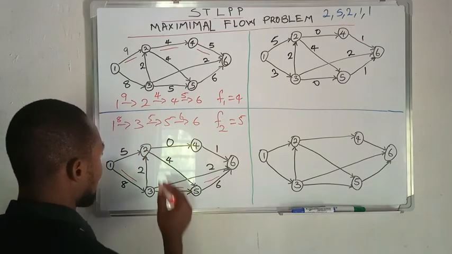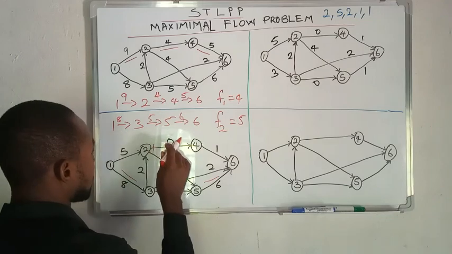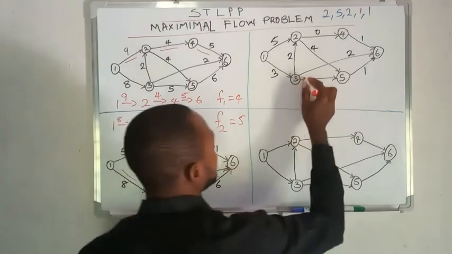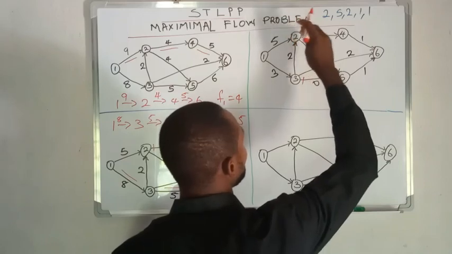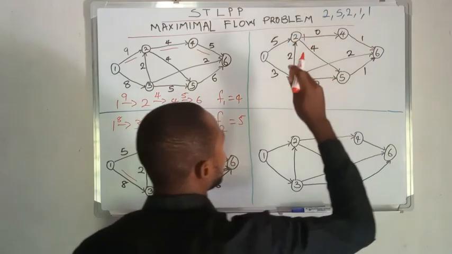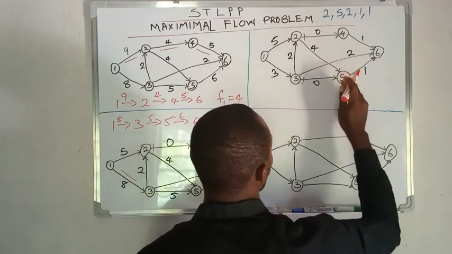So we have already taken out everything that we have here and here and here. So we can't go from 2 to 4, and we cannot go from 3 to 5.